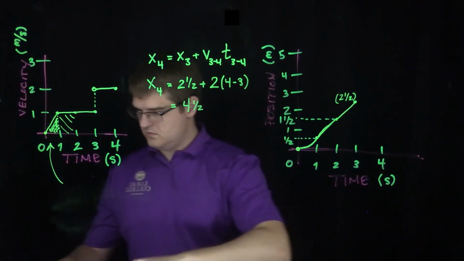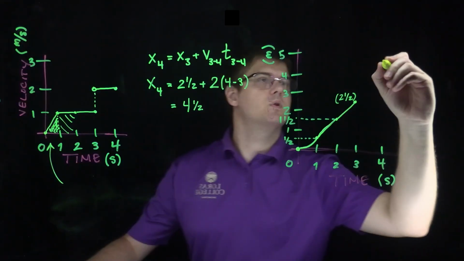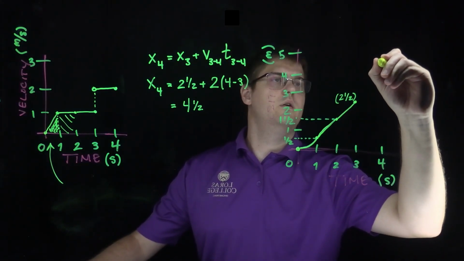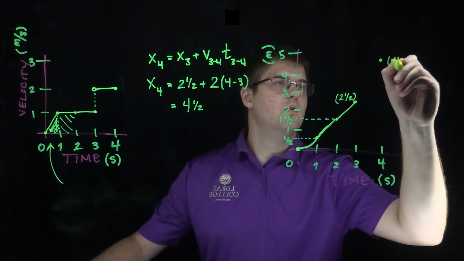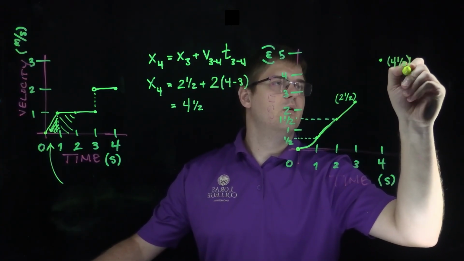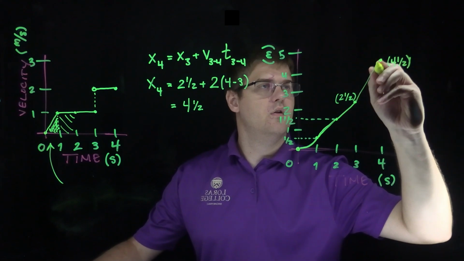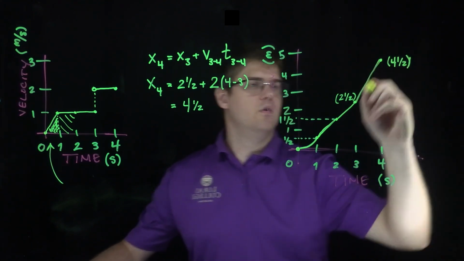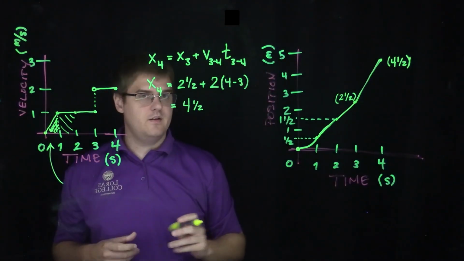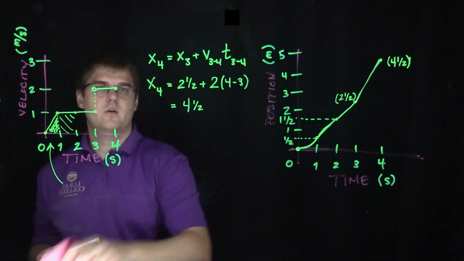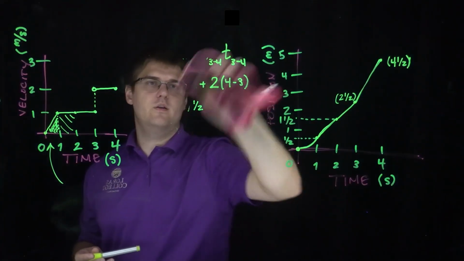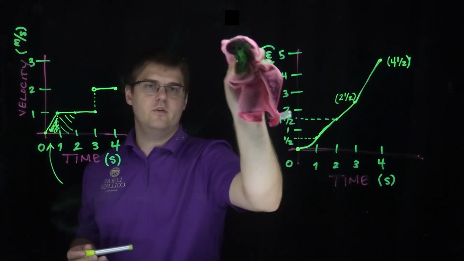So now we'll just put it, hopefully that's acceptable for you. 4.5. So the slope of that line is a little bit larger. Now I could do it graphically still if I wanted to.